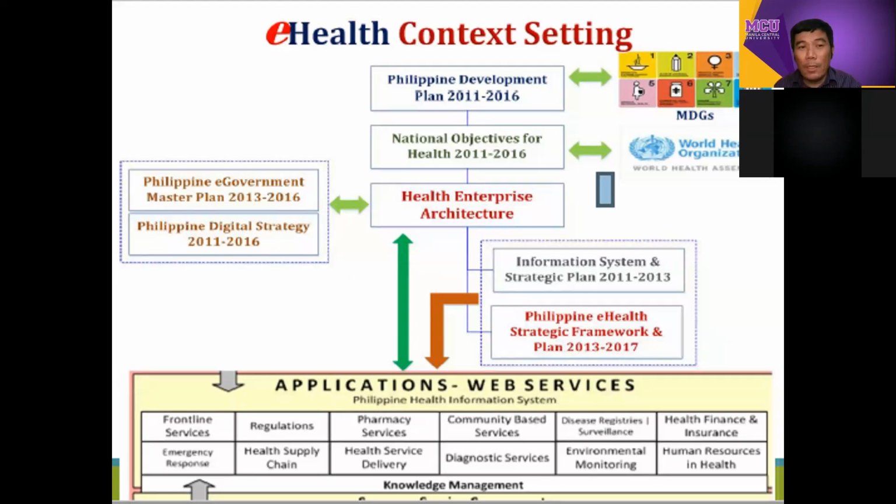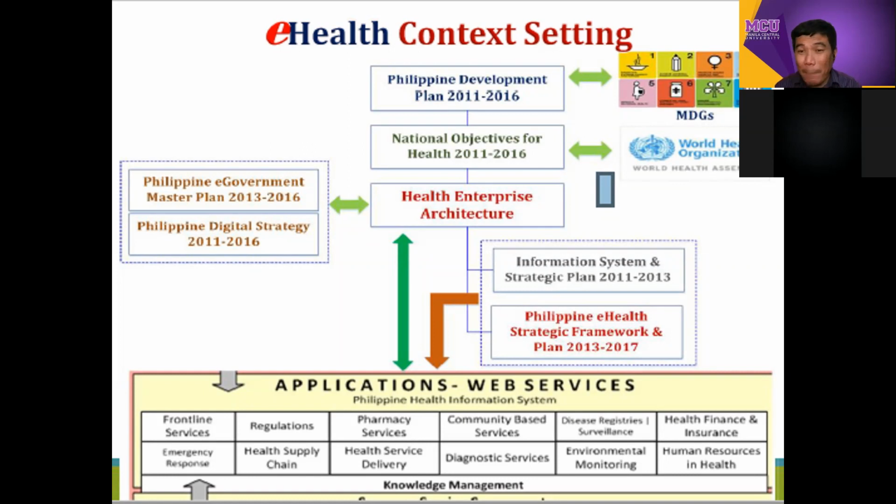From the digital strategy, they already had in place the Information System Strategic Plan of 2011 to 2013, until they ended up with the Philippine e-Health Strategic Framework and Plan from 2013 to 2017. So they were looking forward to these services to be accessed online.